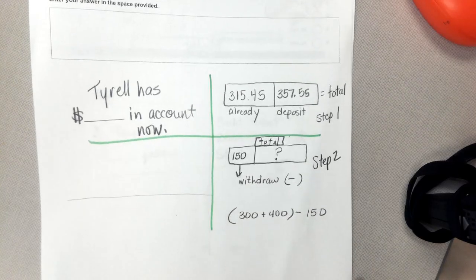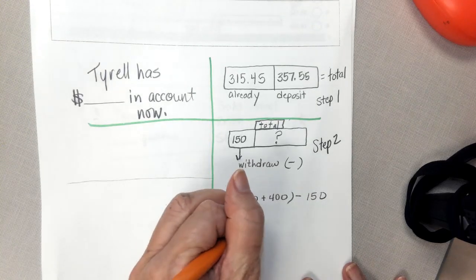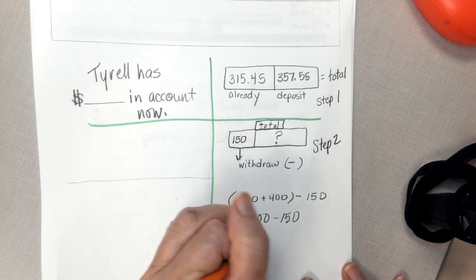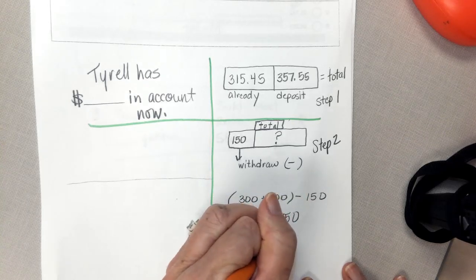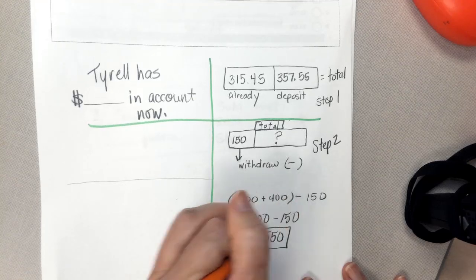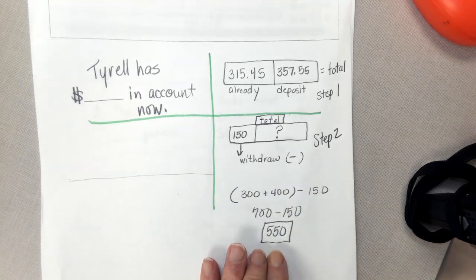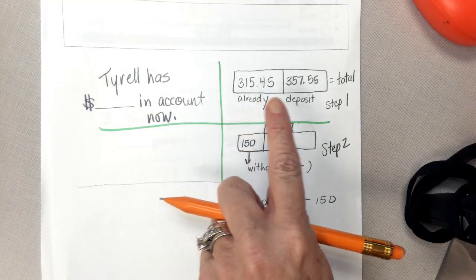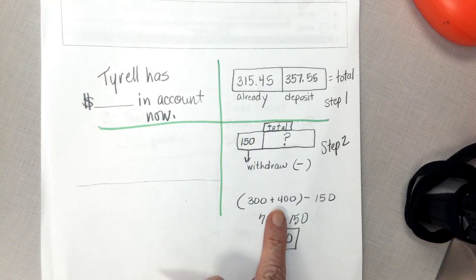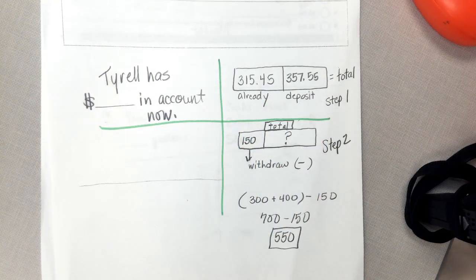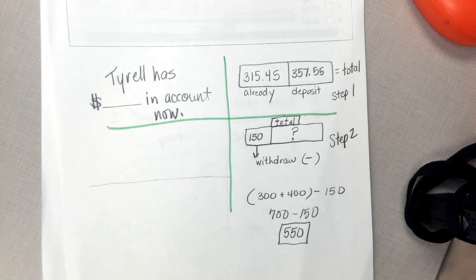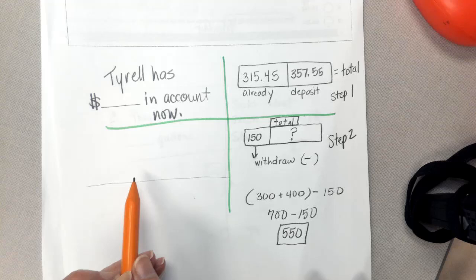So if we wanted to do a very quick estimate, that would be about 700 minus 150, which would give us about 550. So our answer would be within that range. These are all definitely high and low estimates compared to what we're talking about, but that gives you a range. All right, I want you to go ahead and solve this on your own, and I want you to get an exact amount.